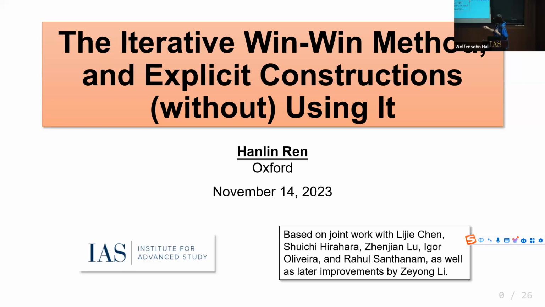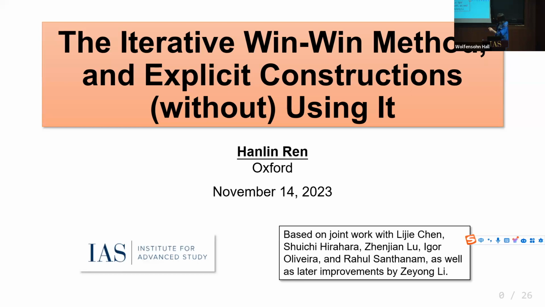Does it work? Nobody there. Oh, let me just... maybe there's a battery or... Click on the slide. Yeah. Okay.